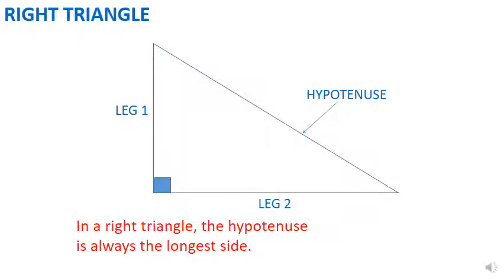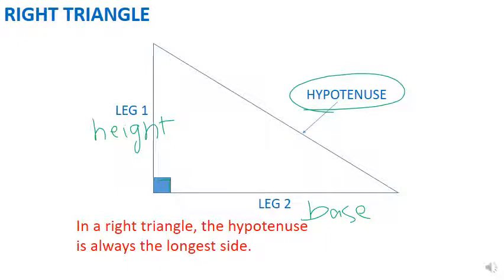So this is called the height and this is called the base. And the side facing the 90 degree is called the hypotenuse. So if we have triangle ABC, AB and BC are the bases, and the line AC is called the hypotenuse of the right triangle.